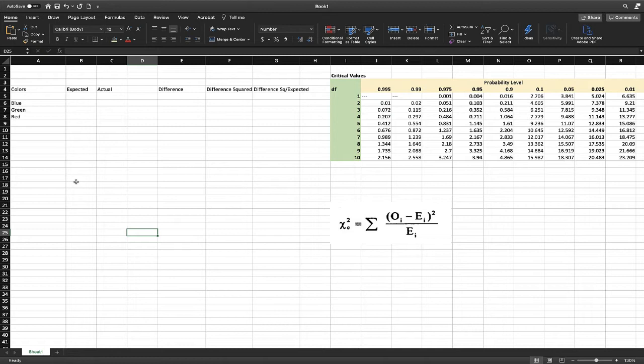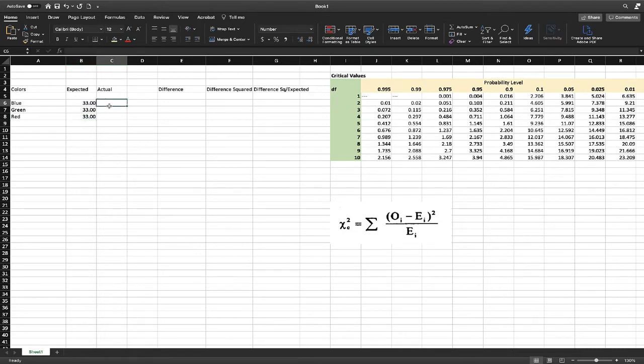So let's just go through an example right now. This spreadsheet's available also online. So we have an assignment. We have three colors, blue, green, and red. Let's just say those are the three M&M colors that we have. And in a bag of 100, let's say they're evenly distributed, a bag of 99, and there should be about 33 of each.